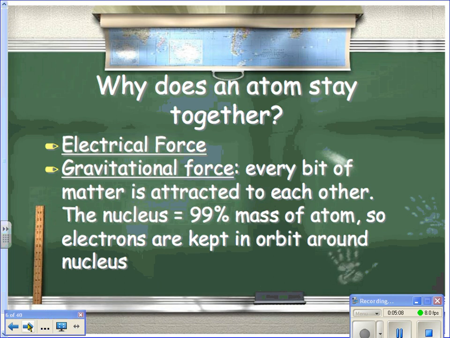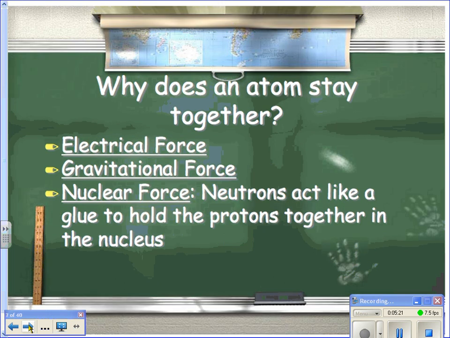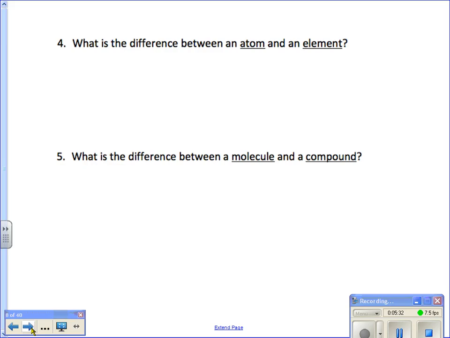The nucleus is 99% of the mass of an atom. So electrons are kept in orbit around the nucleus. Along with electrical force and gravitational force, there is that nuclear force. This is the neutrons acting like a kind of cosmic glue to hold the protons together in the nucleus.